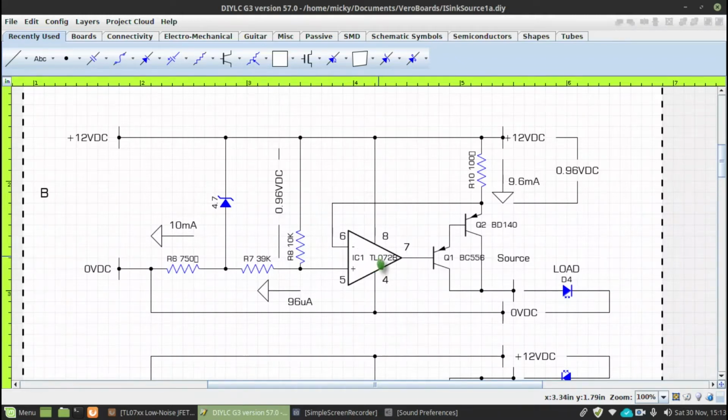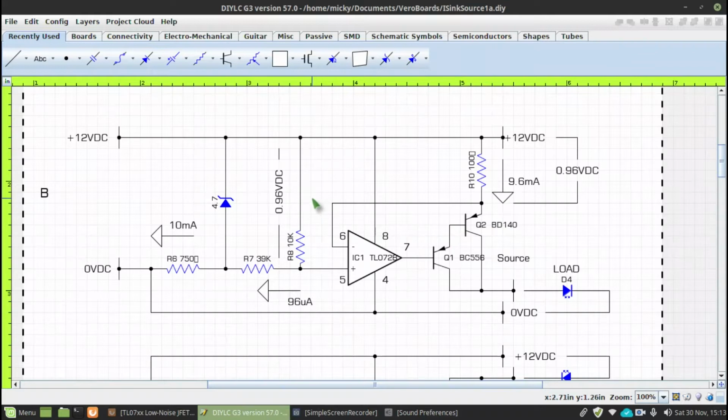You've got an op amp, and the op amp is of course the other op amp in the package of the TL072B. The output transistors Q1 and Q2, as you can see, are PNP devices, the output being BD140.